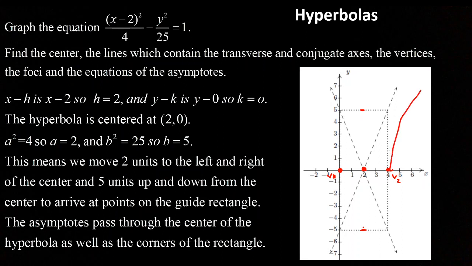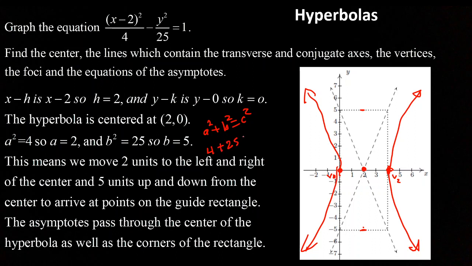The graph looks like, you know, this is the vertex, so it's going to look like this, right? That and that, right? So that's what the graph looks like. Now, where is the focus? Well, we know again, a squared plus b squared equals c squared. So a squared is 4, b squared is 25.